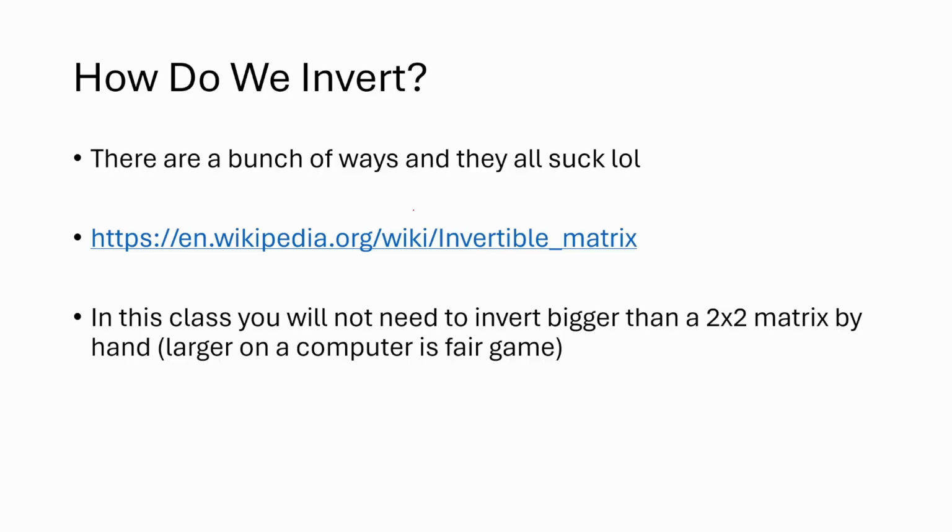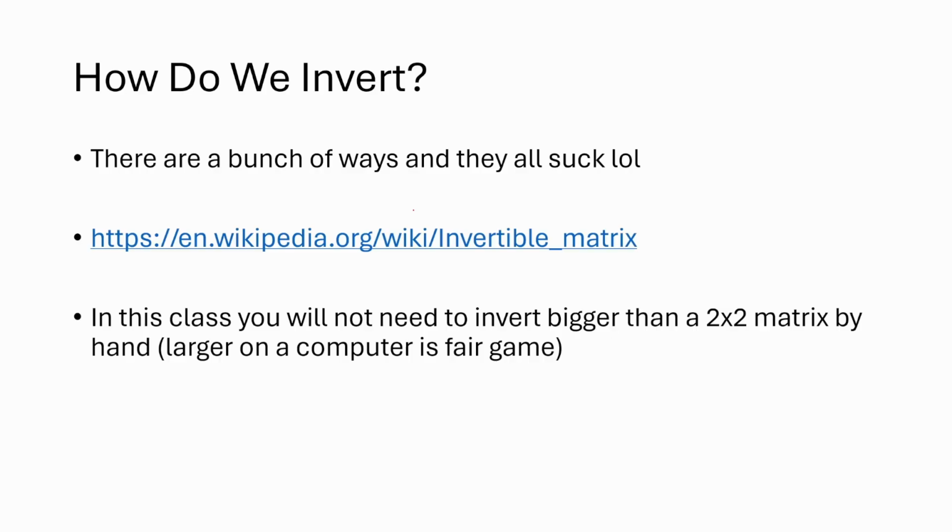I'm going to teach you 2x2s today, and I do want you to be able to invert 2x2s by hand, because two variable, two equation systems are actually pretty common. Think about binary alloys. Think about any mixture of two components, where you're making a material out of two things combined in some proportion.